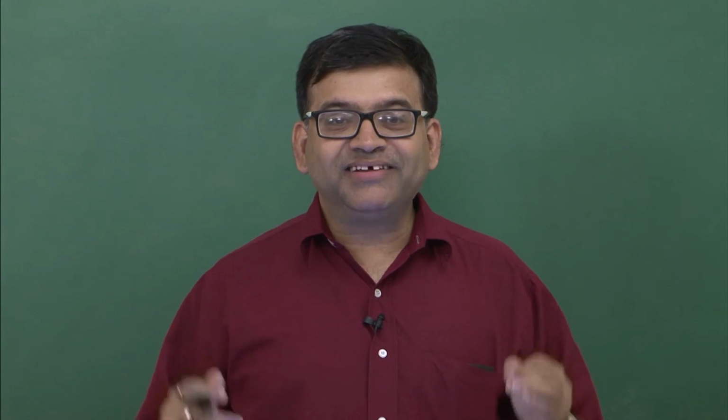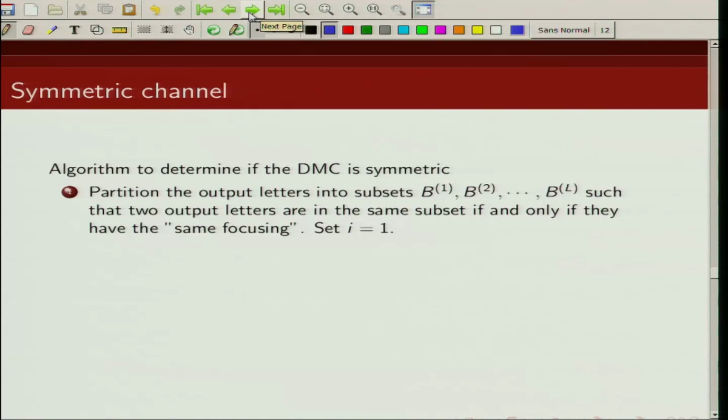So let us go over an algorithm to see whether we can partition any channel into strongly symmetric channels. What are the conditions that need to be satisfied for us to be able to partition a channel into strongly symmetric channels?